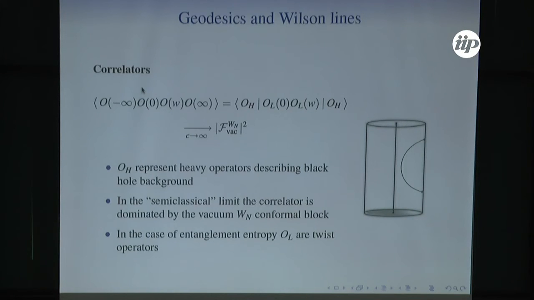It is called the semi-classical limit. And in this limit, this correlation function is dominated by the WN vacuum conformal block. So entanglement entropy in this picture just corresponds to a specific choice of a representation of this light Wilson line.